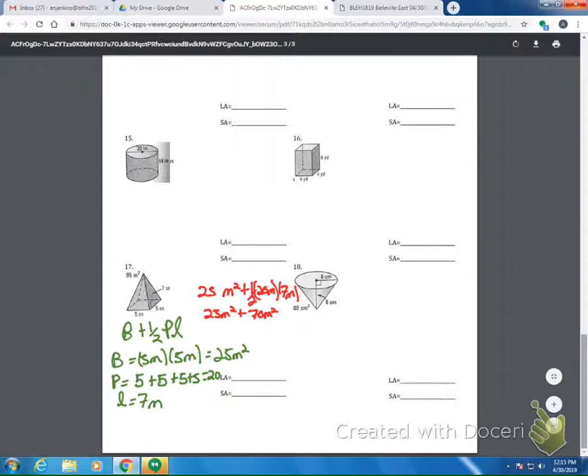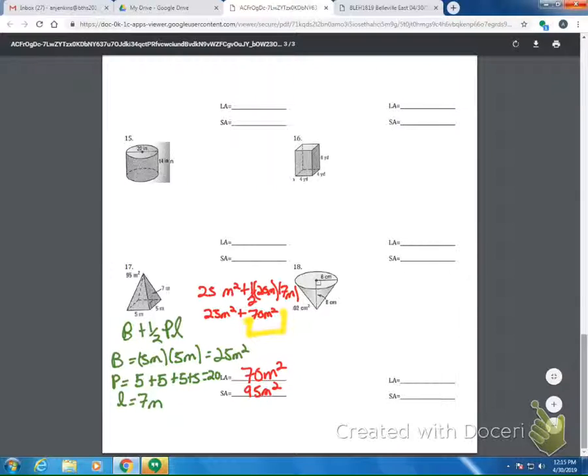So of those, which one's your lateral area? It's the second half. So it's going to be the 70. And then what is your total surface area? You add those two together and you get 70 plus 25? 95. 95 meters squared.